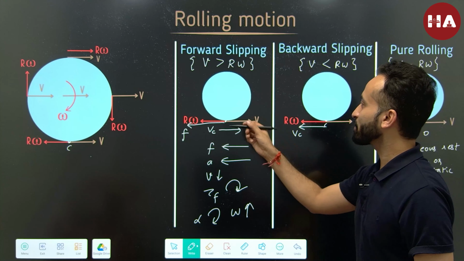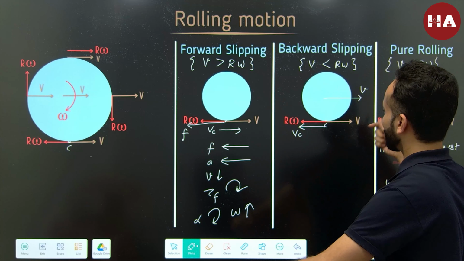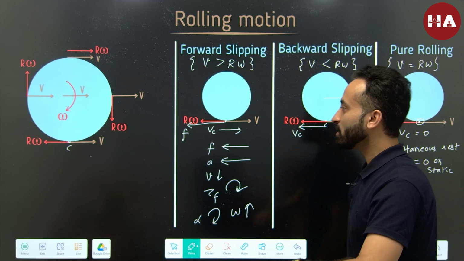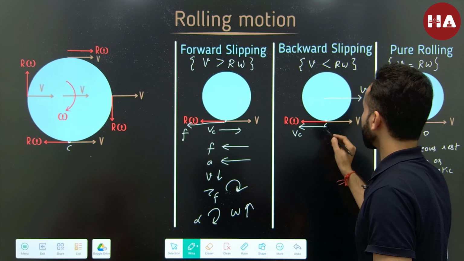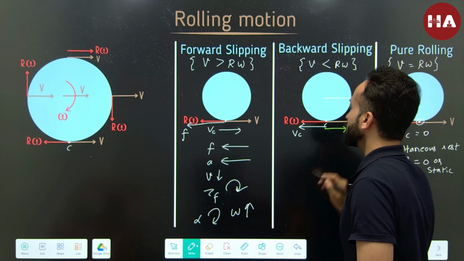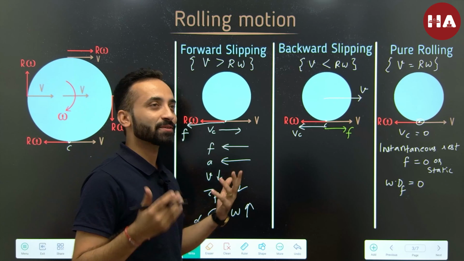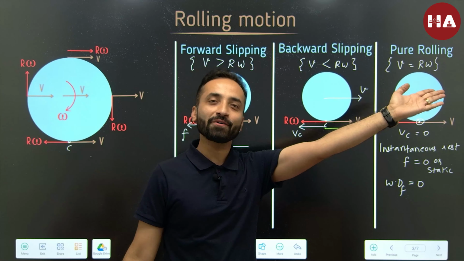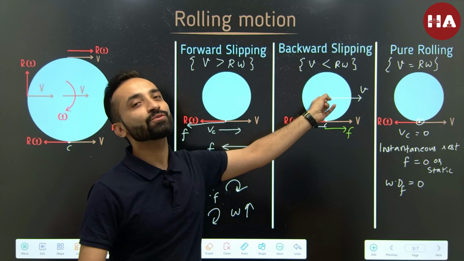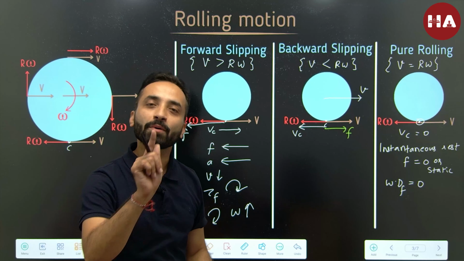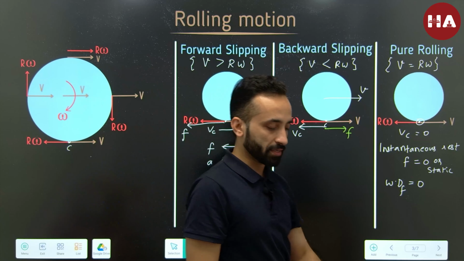So C is slipping backward even though the object is going forward, and friction will be judged by this particular point. So friction will act in the forward direction. Surprising. The object is going forward, but friction is also acting forward, because friction is only bothered about point C. That is why I was saying point C is a very important point.